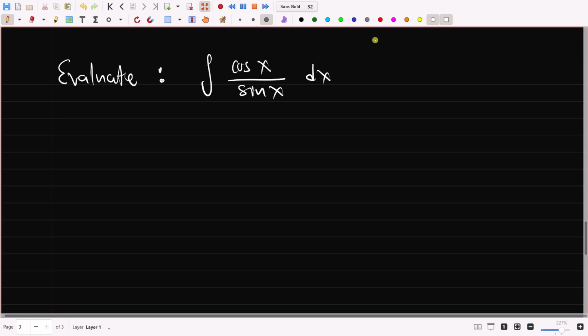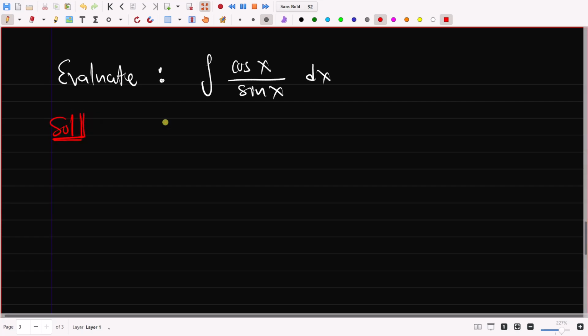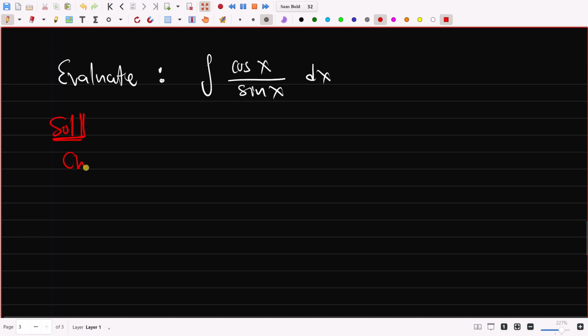They will say evaluate this kind of integral. So now how can we deal with an integral like this one? To deal with an integral like this one, this is how we proceed. At first, we look at the integral separately.